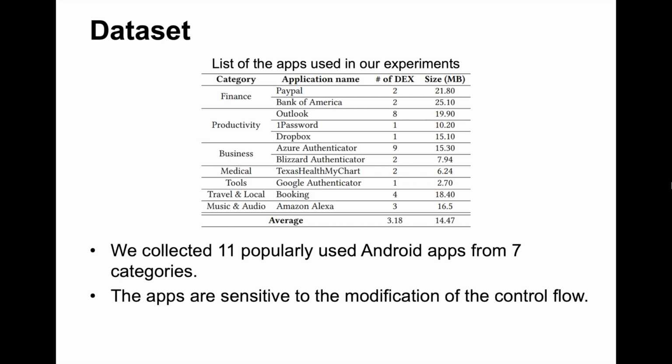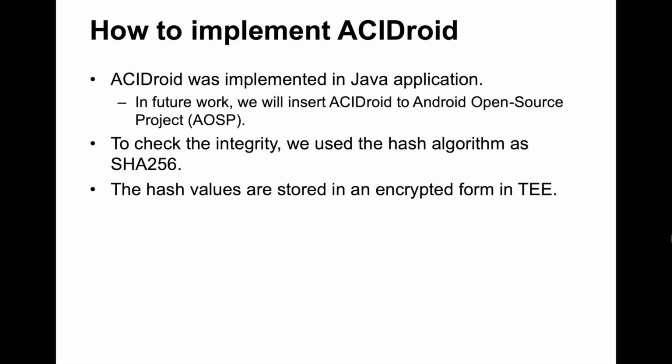To evaluate our system like this table, we collected 11 popularly used Android apps from 7 categories. The apps are sensitive to the modification of the control flow. To test the modification of the real-world applications, we implemented our proposal as follows. ACIDroid was implemented in a Java application, not in the kernel.